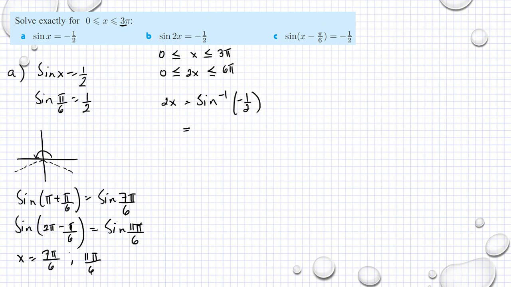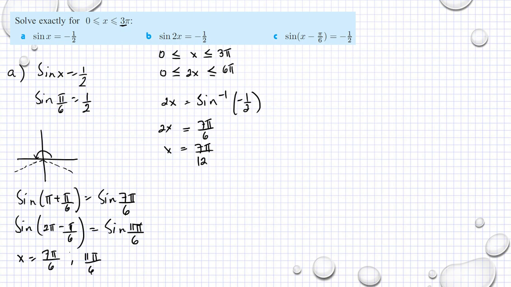We know now that the first one is 7 pi divided by 6, which is equal to 2x. If we divide both sides of the equation by 2, then we have x is equal to 7 pi divided by 12.